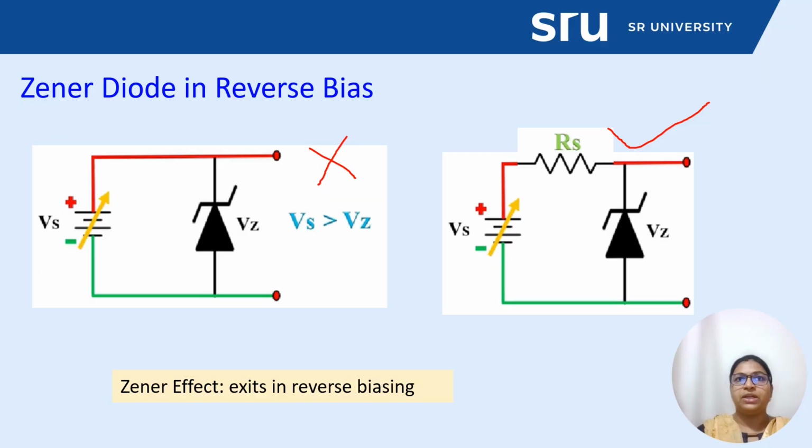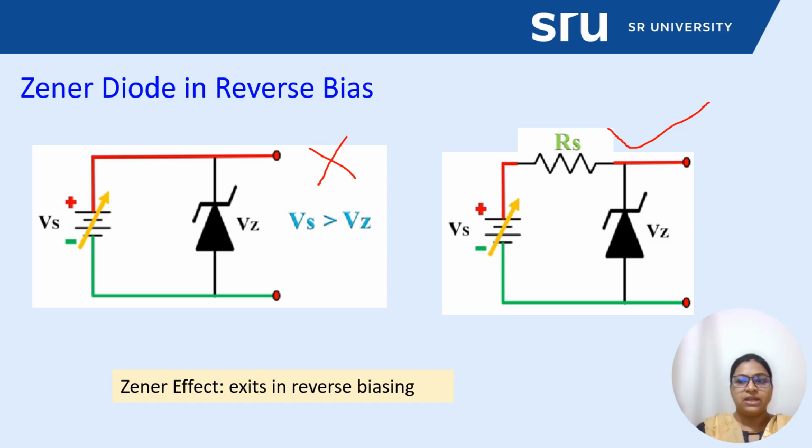Its name is due to the use of this effect in the operation of the Zener diode. So the Zener diode works in reverse bias under the Zener effect. In short, it allows electrons to move from the valence to the conduction band of the semiconductor.